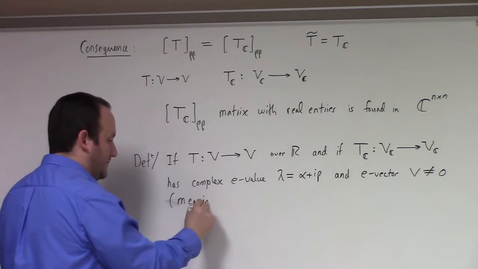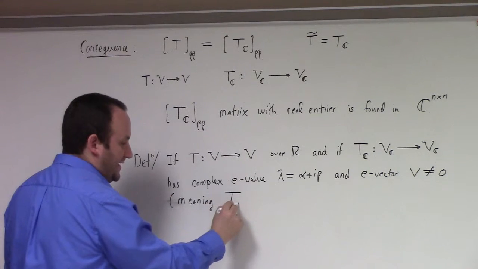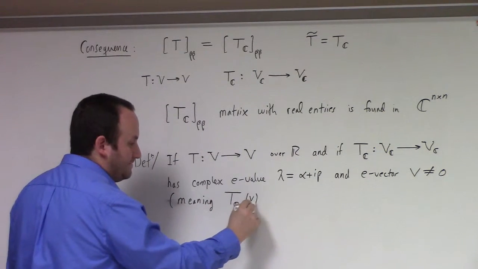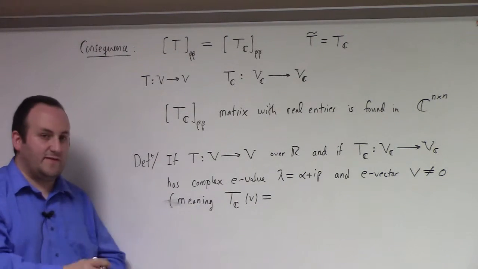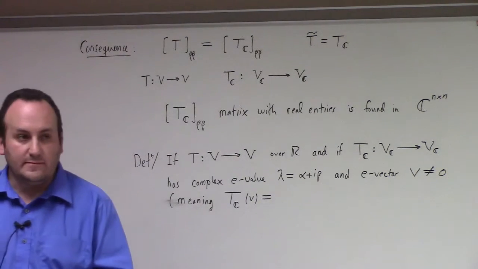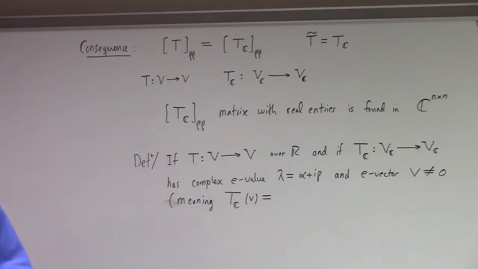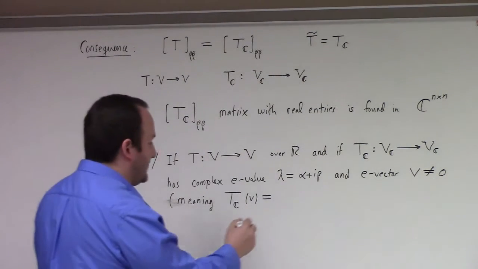What's that mean? That means T sub C acting on v gives me back what? What does it mean to say that the complexification has an eigenvector v with eigenvalue lambda? It just gives you back lambda times v, right?